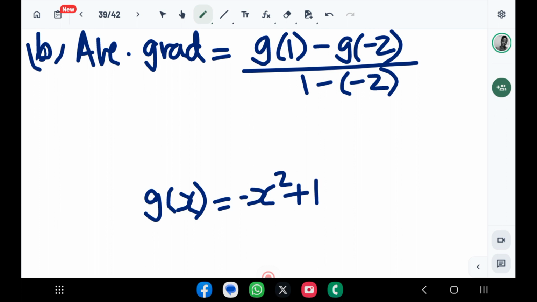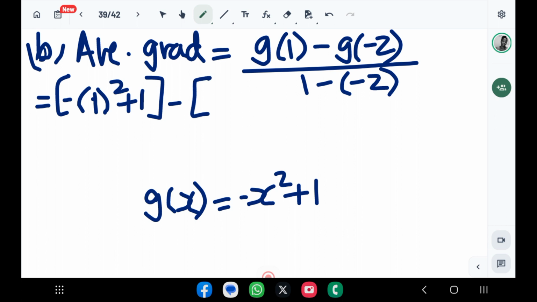So g of 1 will be equal to minus 1 all squared plus 1, minus, in brackets, minus negative 2 all squared plus 1.